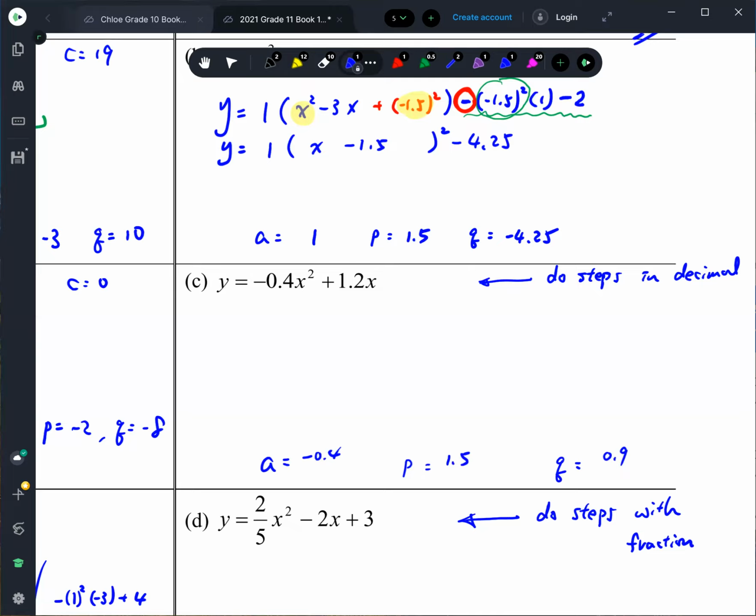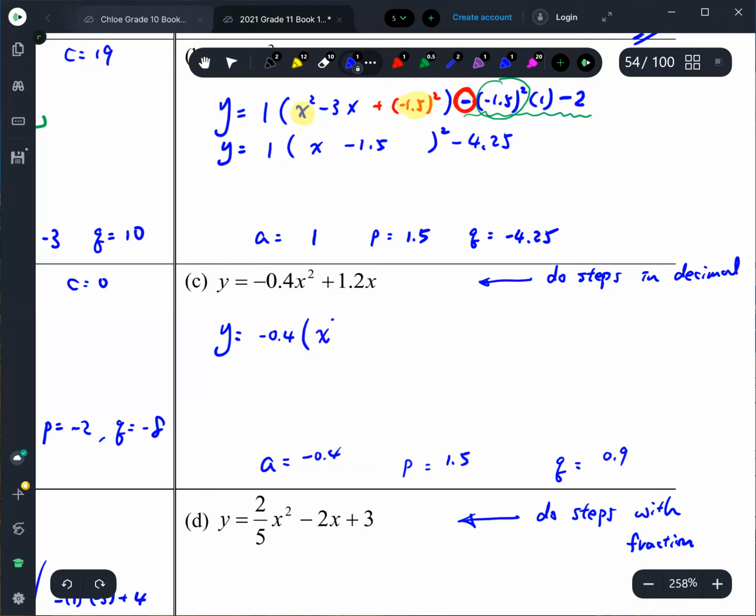All right, so let's go over the steps and see if anyone got something different. First you take out negative 0.4, that's your A. And then what goes inside after you take out negative 0.4, Wilson? What goes after x squared? Plus 1.2x.